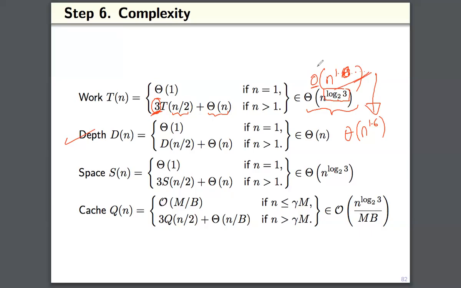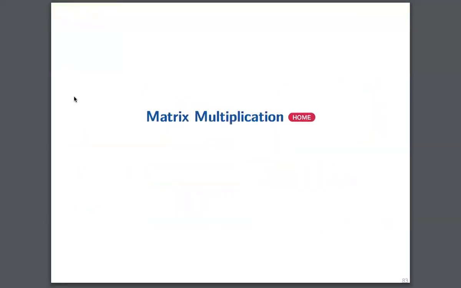One is, if you apply divide and conquer, it does not mean that you will always get improved computations over the existing standard. That's the first take-home. Second take-home is, just because you applied divide and conquer in a bad way, it does not mean there is no other way to apply it to get improved work, right? Okay, so with this, we are done with integer multiplication. Let's move to matrix multiplication.